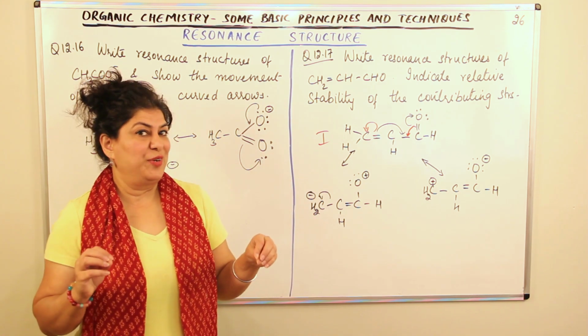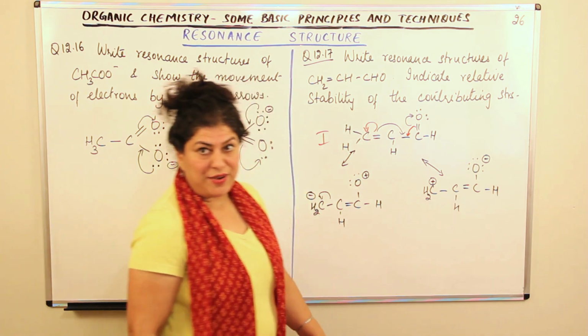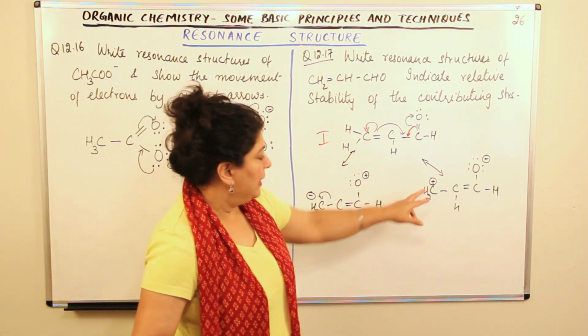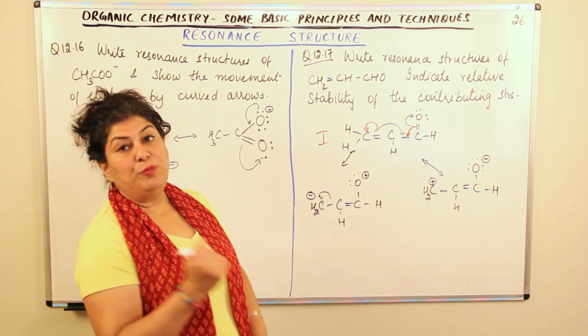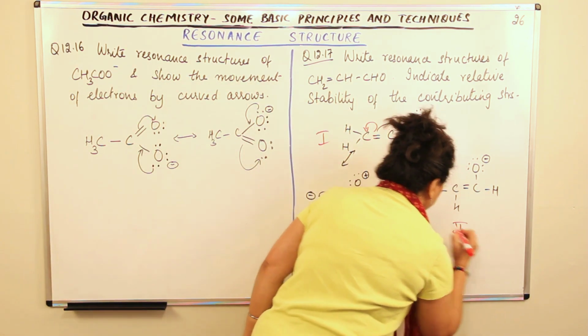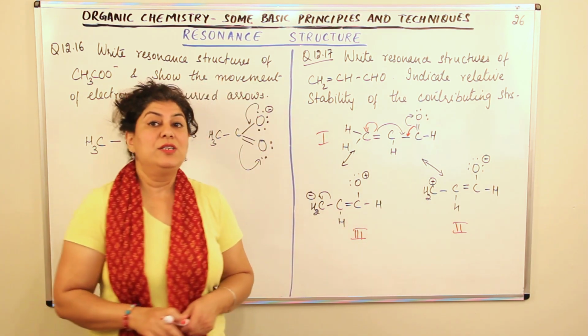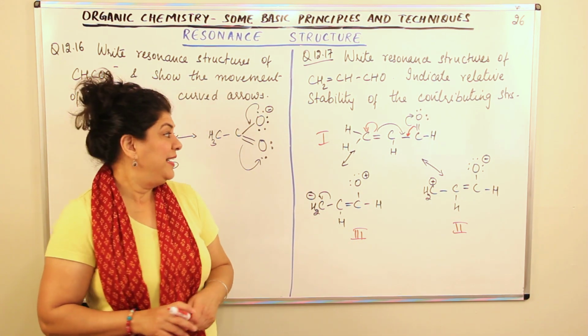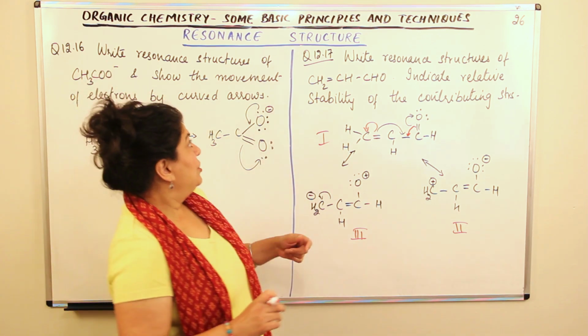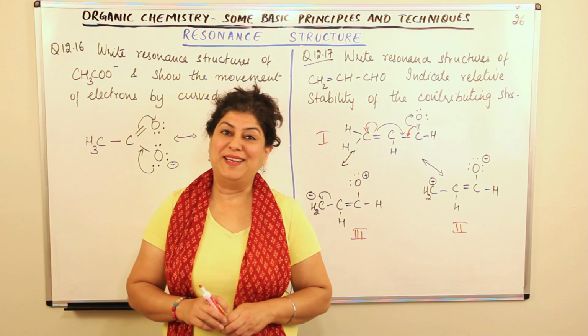Oxygen is more electronegative. Therefore, when you have the negative charge on the electronegative atom and positive charge on the electropositive atom, that one would be more stable. So stability wise, this would be rated as number 2, and this is the least stable out of all the structures. Right? So these were questions. This was question 2.17. Now give me a moment to write down question 2.18.